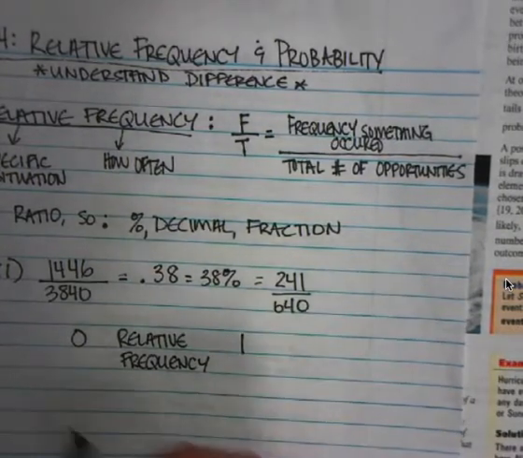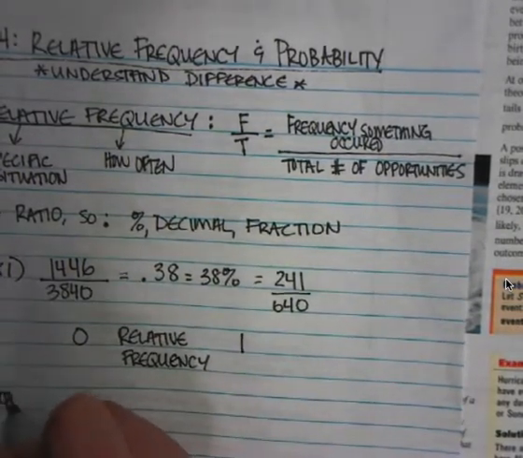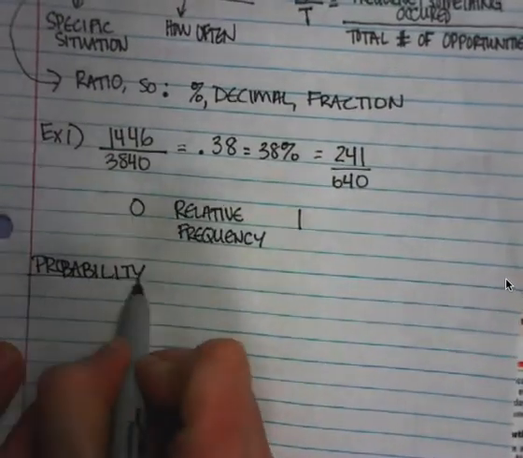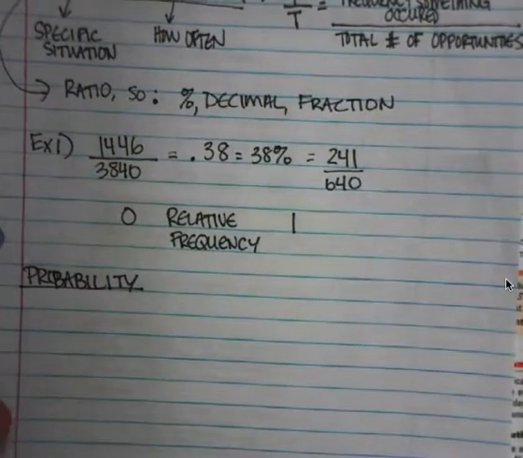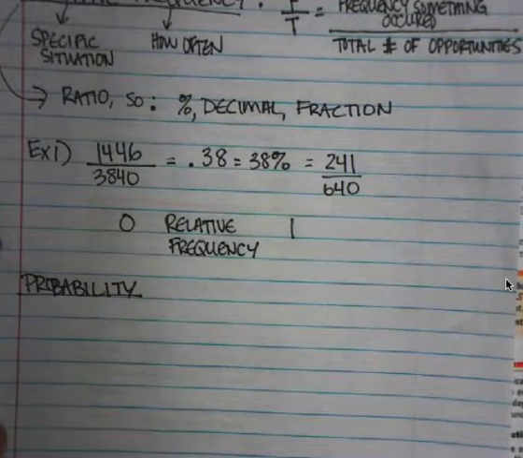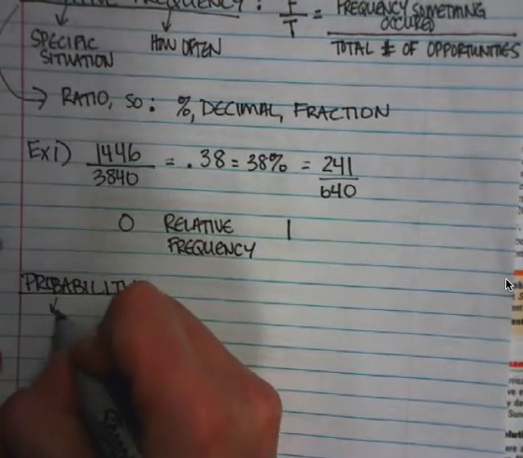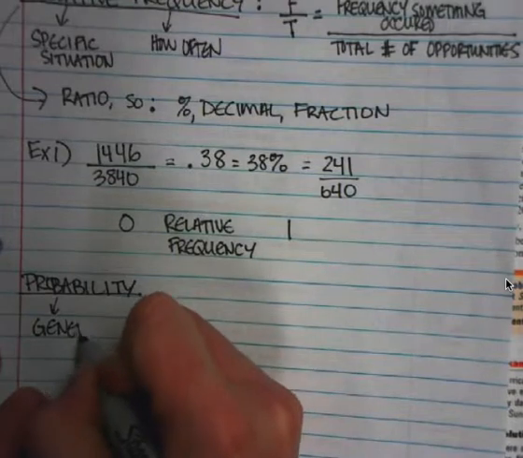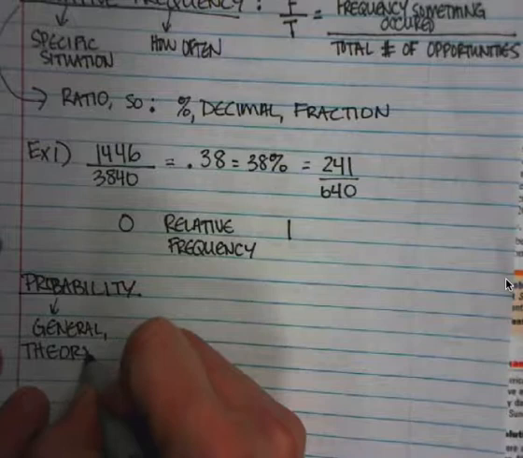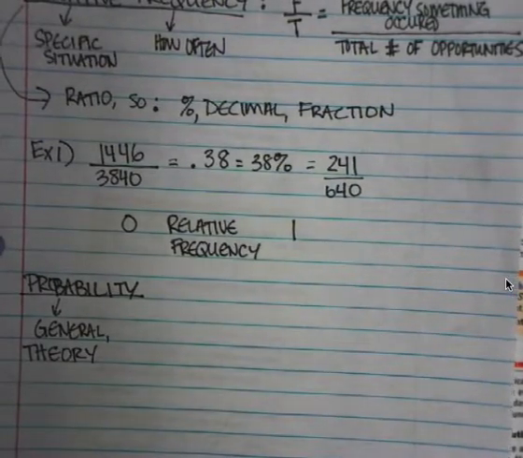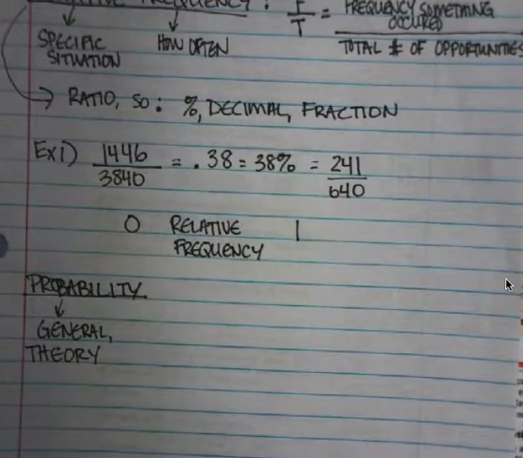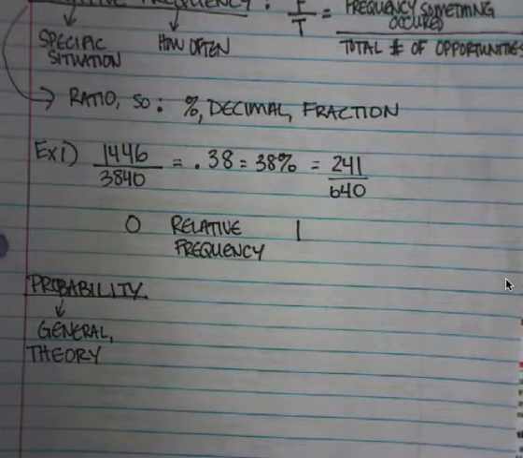Okay? So then let's look at probability. The big difference, like I said, we want to understand the difference. The big difference between relative frequency and probability is that probability is more general and it's based on theory. And when I say theory, I mean when we flip a coin, in theory, it's a 50-50 shot of getting a heads or a tails, okay?